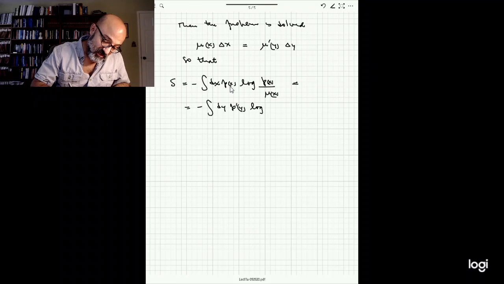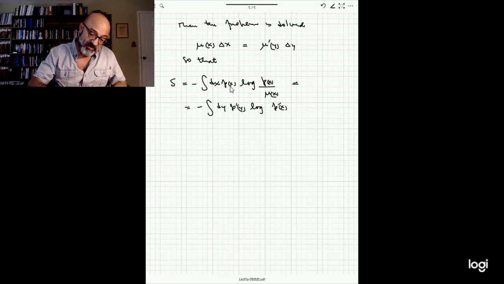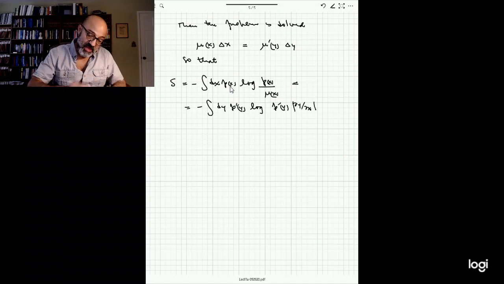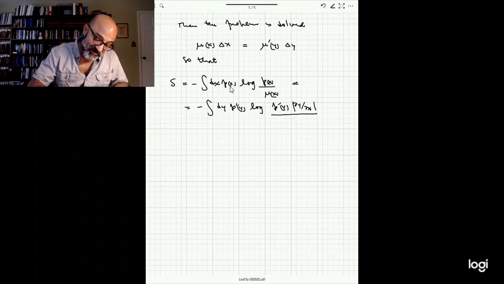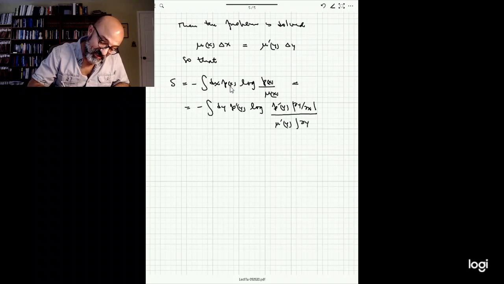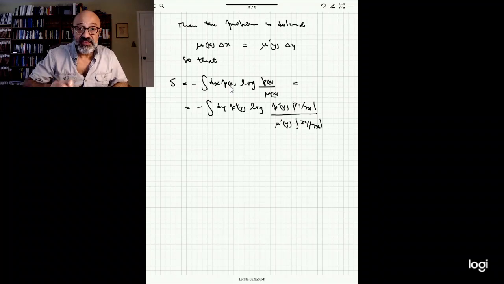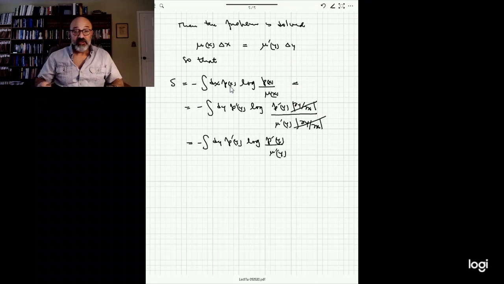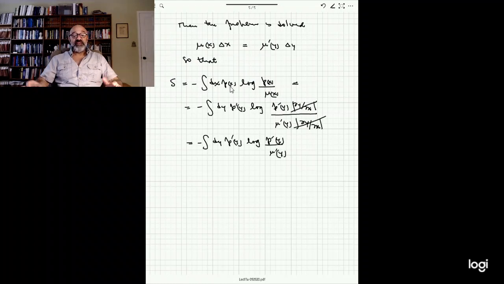The log is going to be p prime dy, and here we're going to have the Jacobian, and the new distribution mu x will become mu prime y, and here we have the Jacobian, so that the Jacobians cancel out and we end up with exactly the same formula, log p y over mu prime y. So this is the answer.